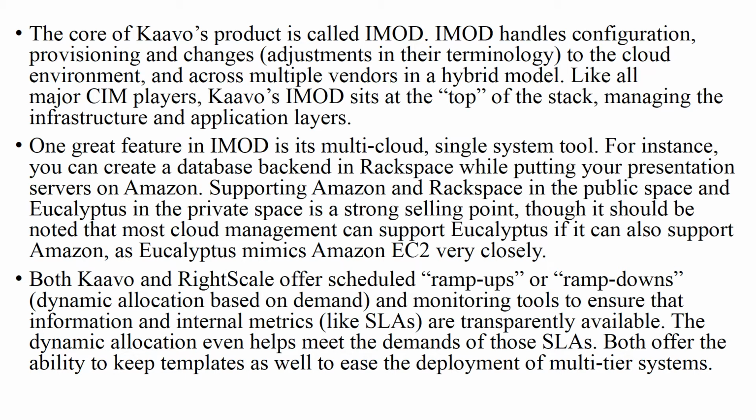The dynamic allocation also helps to meet the demands of those service level agreements, and both Kaavo and RightScale offer the ability to keep templates as well as ease the deployment of multi-tier systems.